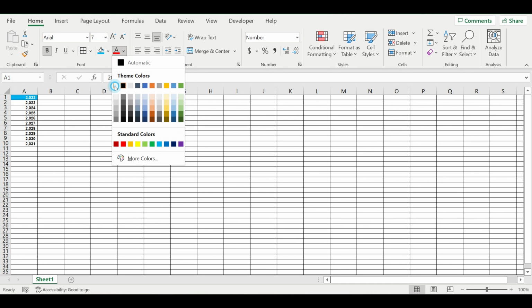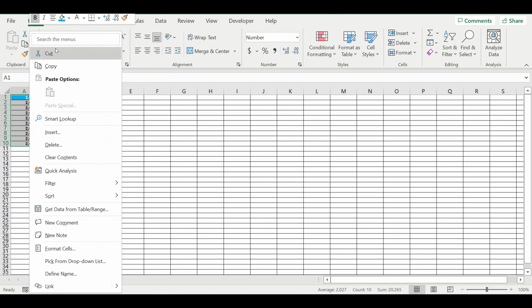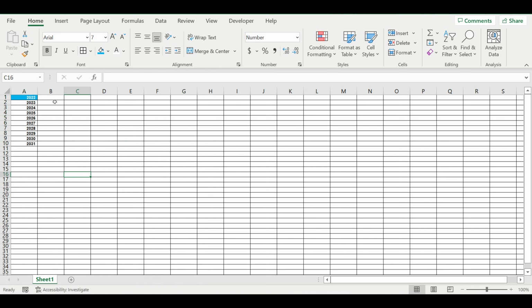So this will be the color of all our inputs through the whole financial model. Then we will have the list of months.